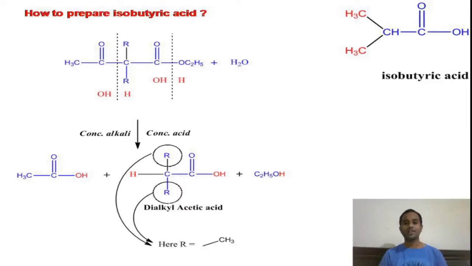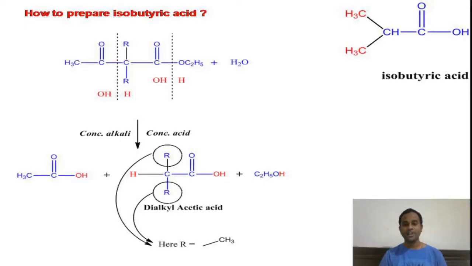Here, if you compare the dialkyl acetic acid with the isobutyric acid structure, this is very similar, but we just have to replace the alkyl groups with methyl groups to get the isobutyric acid. Yes, in the right corner you see the isobutyric acid. When we replace the dialkyl groups of this acetic acid by 2 methyl groups, we will get the isobutyric acid as the product, right?